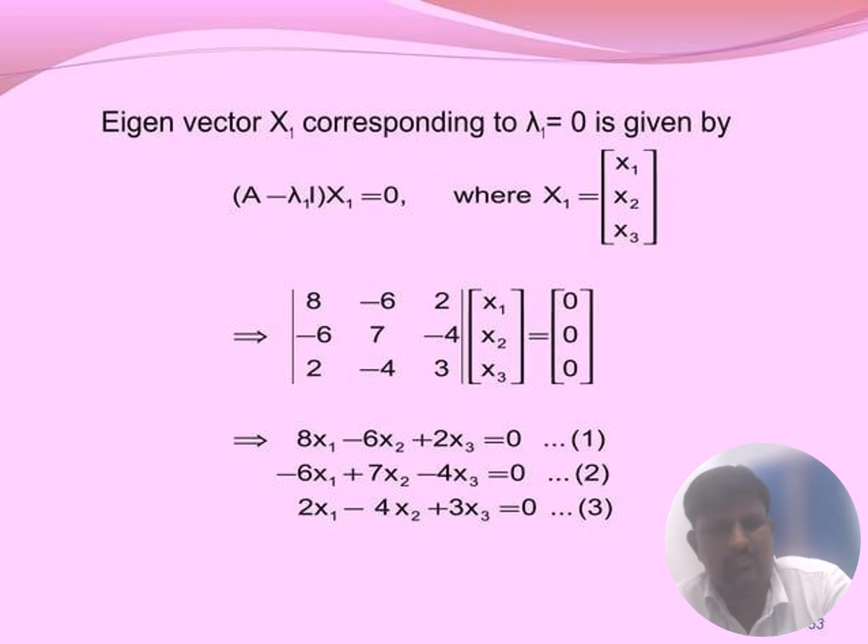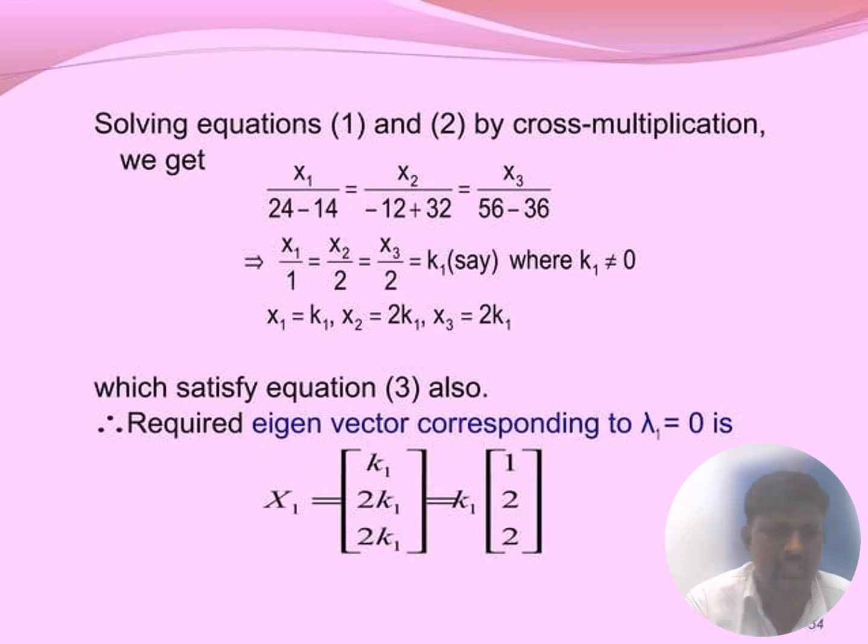Using the matrix multiplication, we got the linear equation like 8x1 minus 6x2 plus 2x3 is equal to 0. Similarly, we got the three equations. On solving these three equations by the cross multiplication method, we got the value of capital X1 is equal to 1, 2, 2.